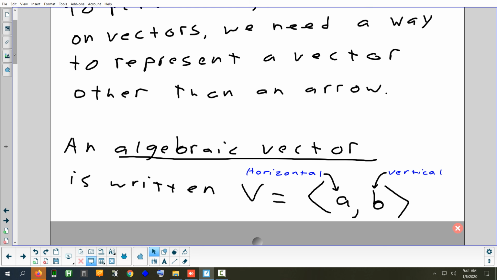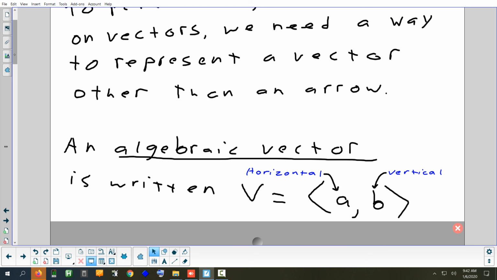So the way it looks is you've got these brackets, a comma b, and another bracket. Now, some people might look at that quick and say, well, isn't that just a coordinate? But how come this isn't a coordinate? What's different? Yeah, they're not parentheses.